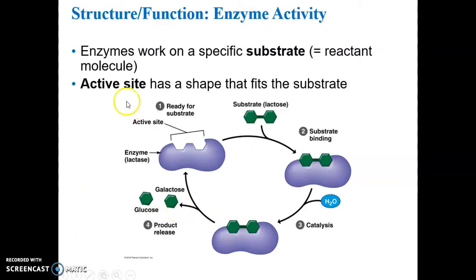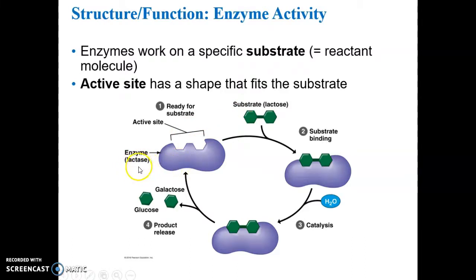Okay? And the reason enzymes have substrate specificity is because of their shapes. They have specific active sites that fit the specific substrate. Again, kind of that analogy to a lock and key or a hand in a glove. Right? And notice the name of this particular enzyme, it's called lactase.